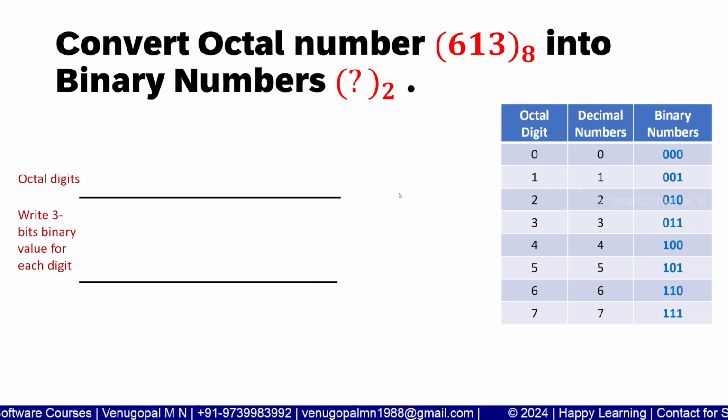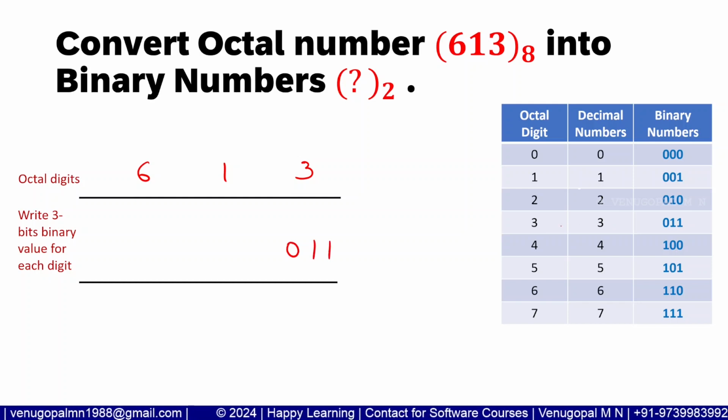Similarly, let us see one more example. 613. Convert a given octal number to a binary number. This is an octal number system. To convert 3 to the equivalent binary number, 3 is 011. 1 is nothing but 001. 6 is nothing but 110.